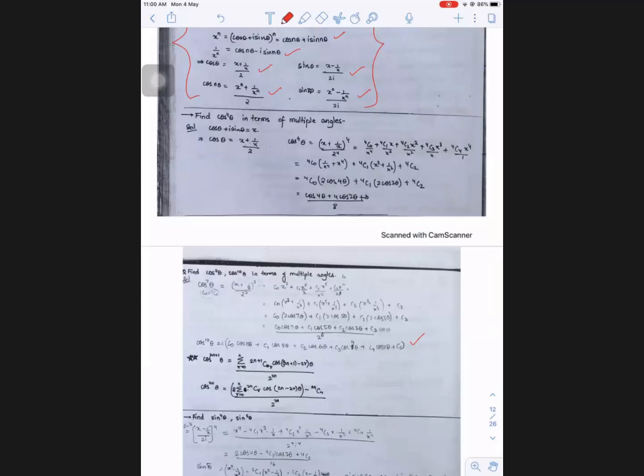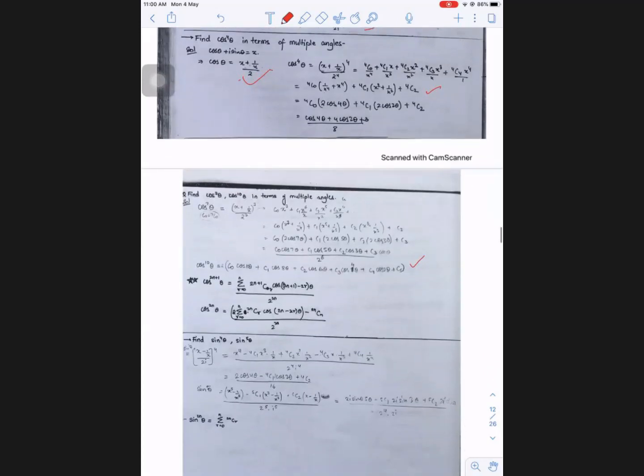Okay. Here, for example, if you want to find the cos power 4 theta formula, we write it as (x plus 1 by x) by 2, whole power 4. By using binomial expansion, that is 4C0 into (x power 4 plus 1 by x power 4), 4C1 into (x square plus 1 by x square), like that you will get.